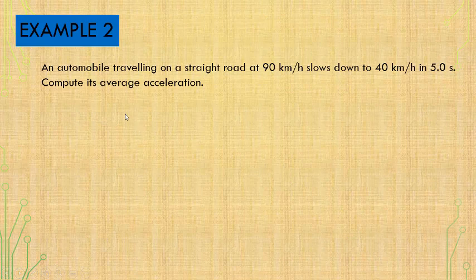Example 2. An automobile traveling on a straight road at 90 kilometers per hour slows down to 40 kilometers per hour in 5 seconds. Compute its average acceleration.